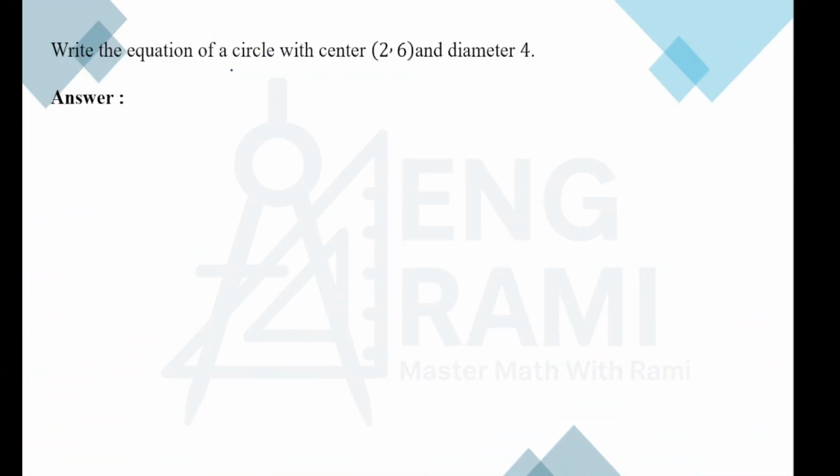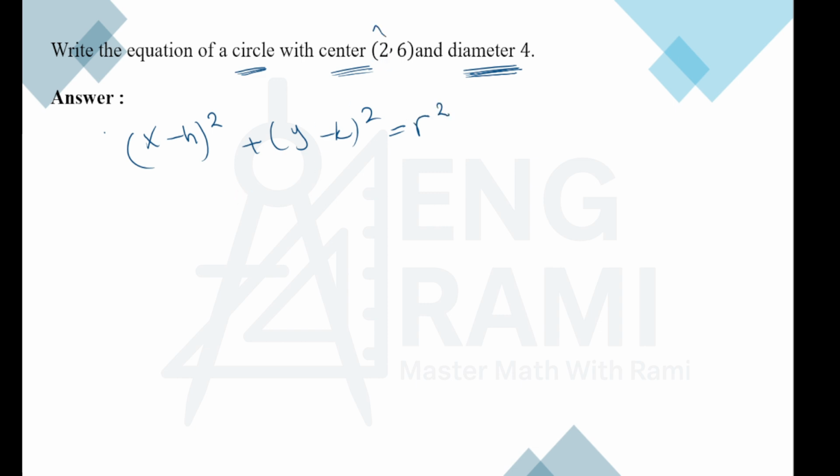Write the equation of a circle with center 2, 6 and diameter 4. The question is giving us the center and diameter. Okay, note it's not radius, it's diameter. The general equation for the circle is x minus h squared plus y minus k squared equals the radius squared.